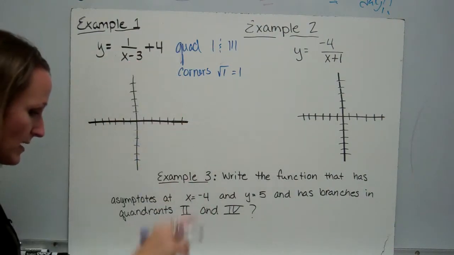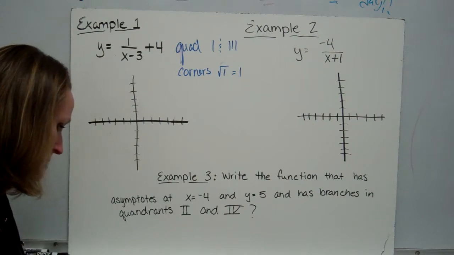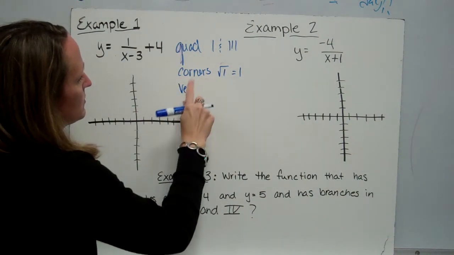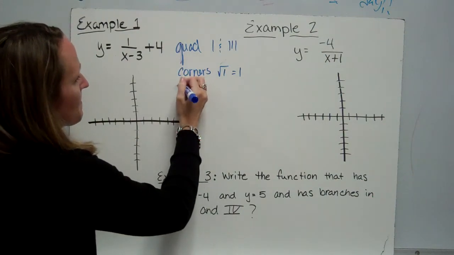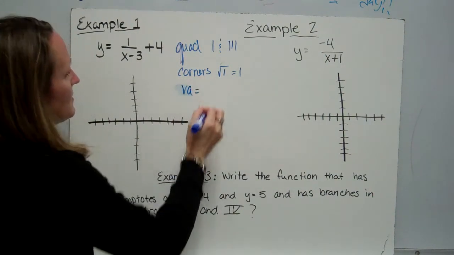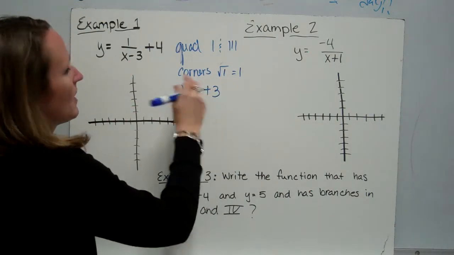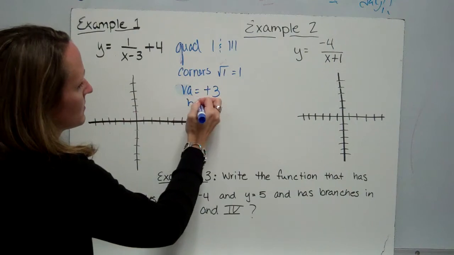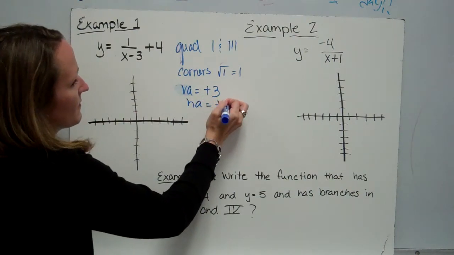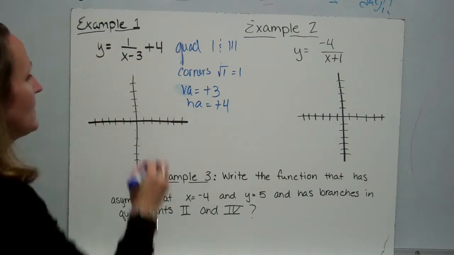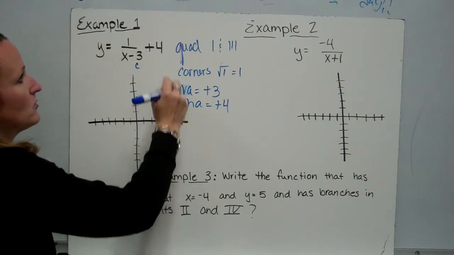Remember, this one tells us our vertical asymptote. So our vertical, I'm just going to write VA. VA is going to be at positive 3, and my horizontal asymptote is going to be at positive 4. Because remember, this value, your C value, represents your vertical.